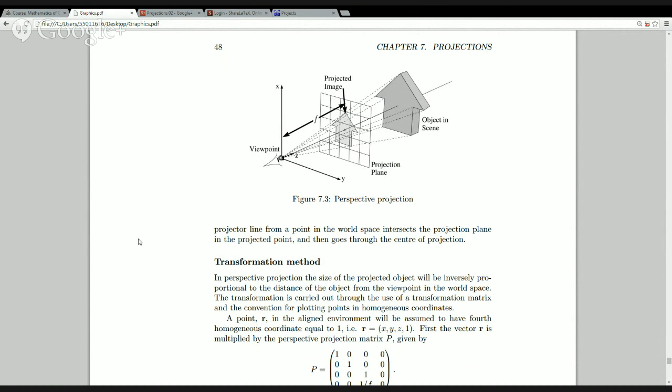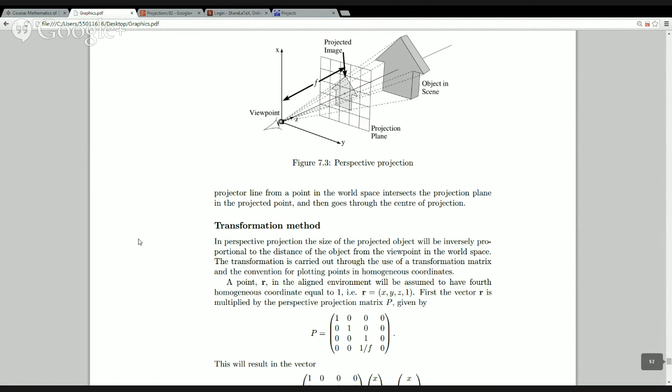So as with everything, we want to do everything with matrices, okay? Because the positions of the objects are represented by vectors, so we want to carry out the operations on them with matrices. So to carry out perspective projection, it's going to be a two-step process.